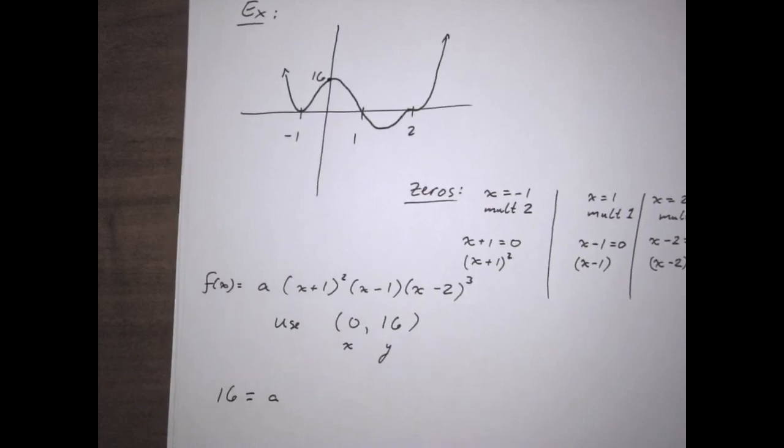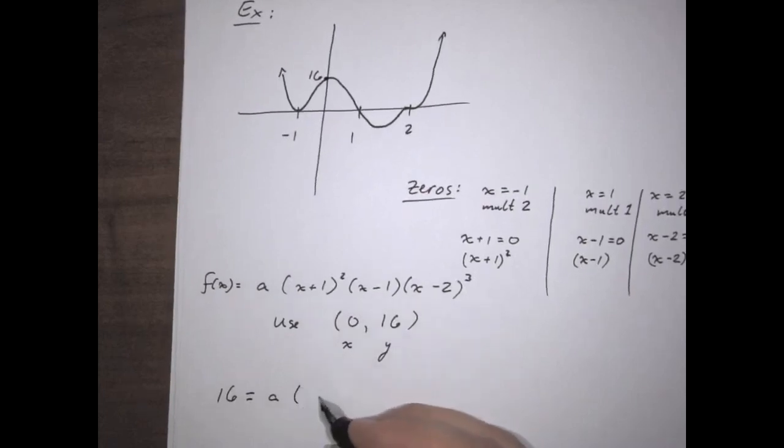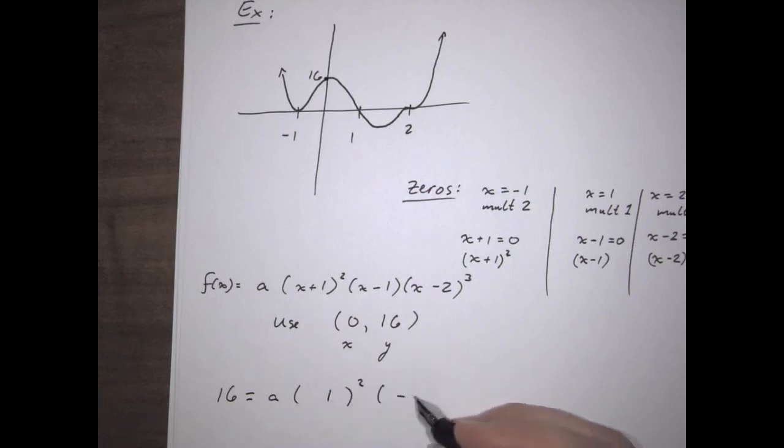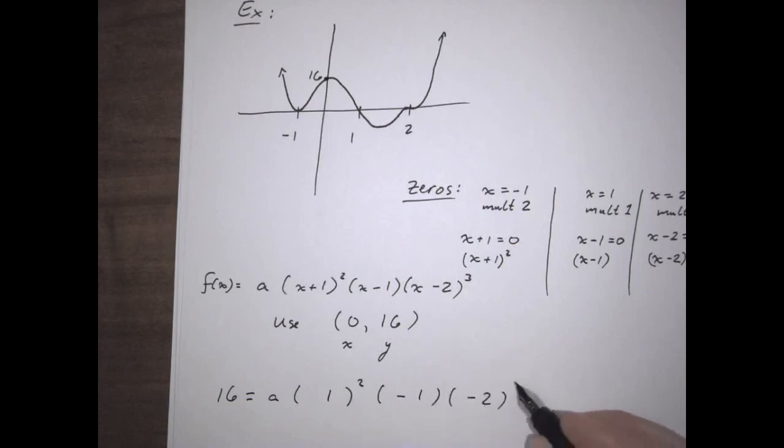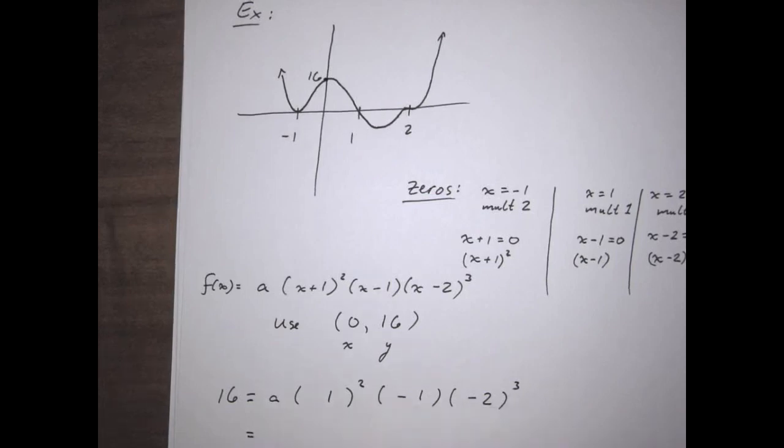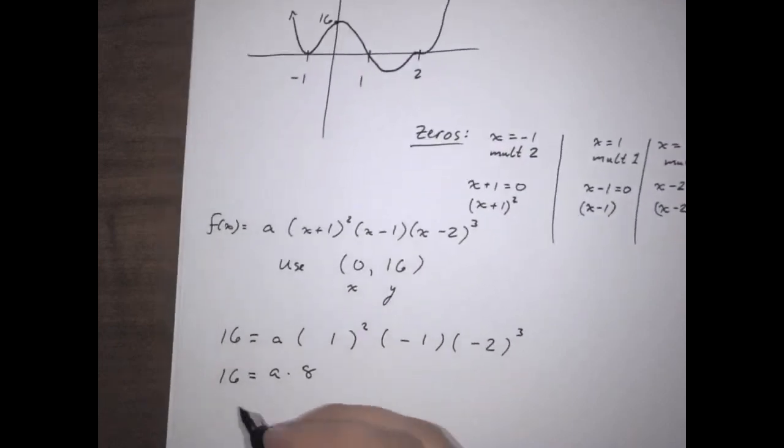So 16 equals the mystery a times 0 plus 1 squared, 0 minus 1, 0 minus 2 cubed. So if we multiply this all out, we're going to get negative 8 times negative 1 is positive 8. So that's going to be a times 8 equals 16, which if we divide both sides by 8, we'll get a equals 2.